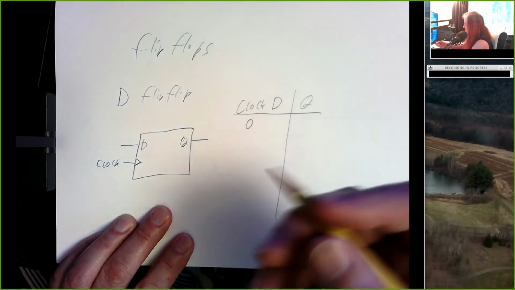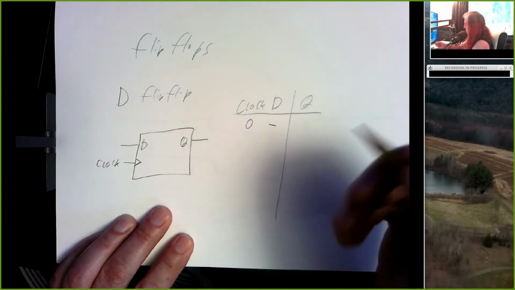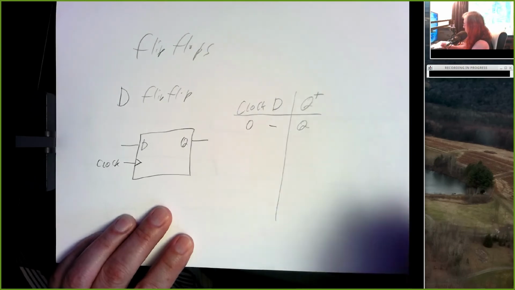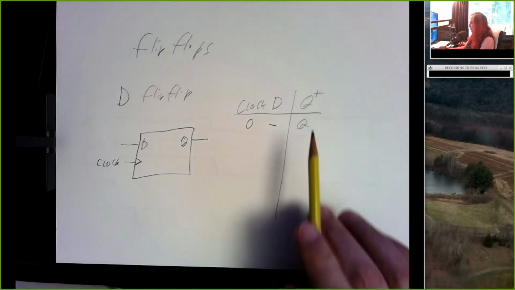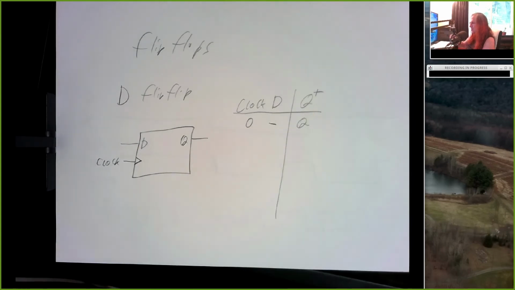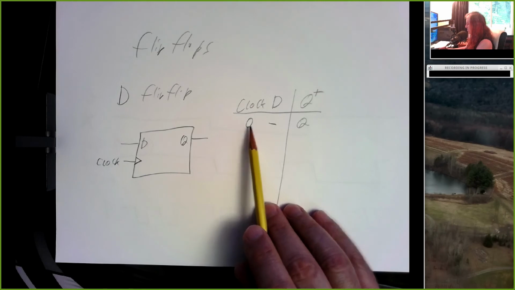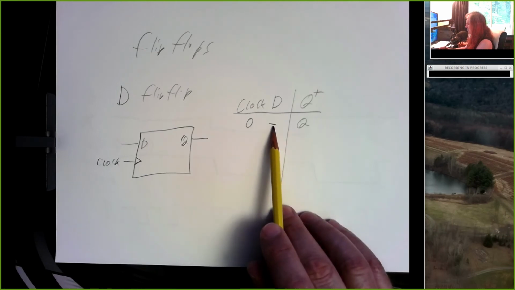So if the clock is 0, it does not matter what the D input is. And so we usually do something like this. Q plus means the new value of Q after something occurs. And this is saying, hey, if the clock input is a 0, it does not matter what the D input is, right?